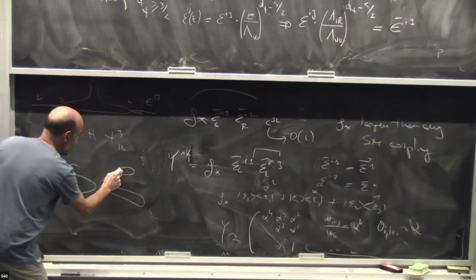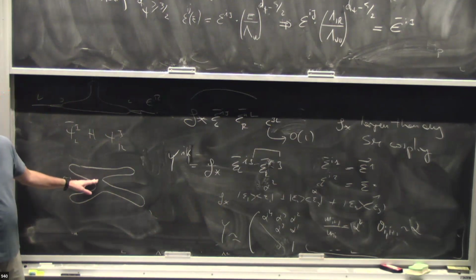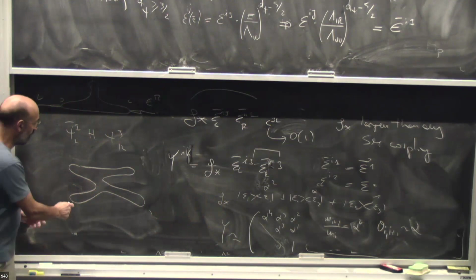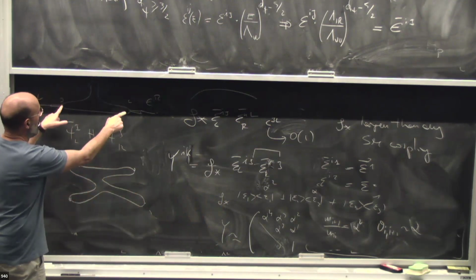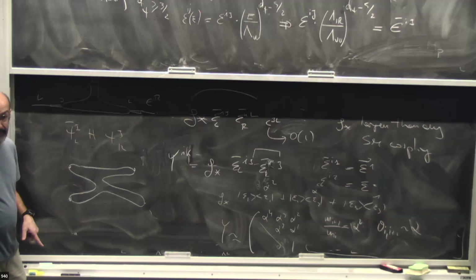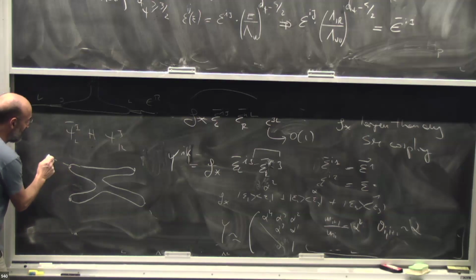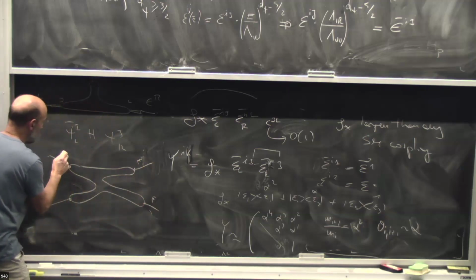interactions like this. Is it clear what I mean? Is it clear what this is? This is a scattering of 4 composite fermions, right? Each endpoint here is one of these composite fermions. Here I only have 2 composite fermions and the Higgs, here I have 4 of them. So this is a 4 composite fermion scattering, but now I can put in here the epsilons.